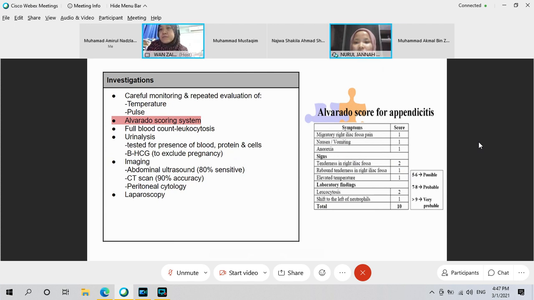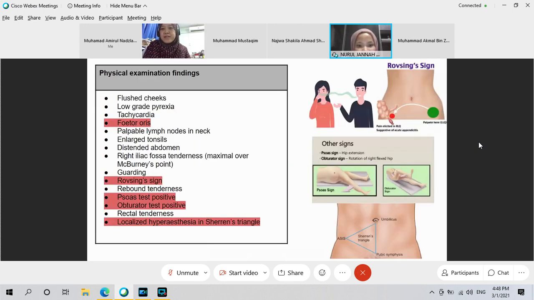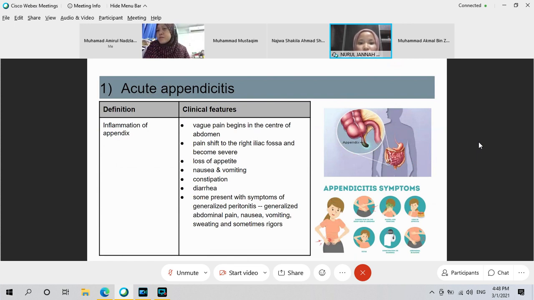Because at the right iliac fossa we have the appendix. No, migratory, that's the wording. Migrate from where to where? From the nose to the stomach or what? Migrate from the center of the abdomen to the right iliac fossa. Pain in the center of the abdomen to the right iliac fossa.